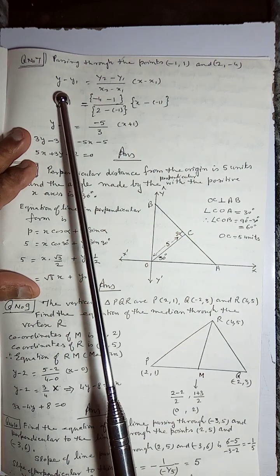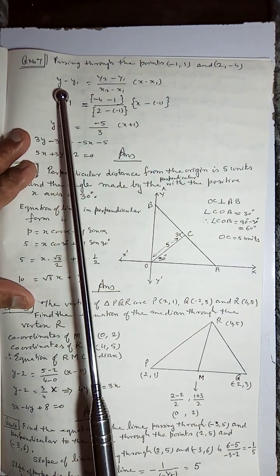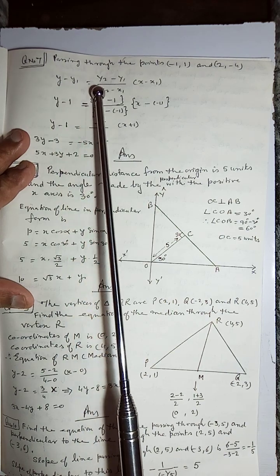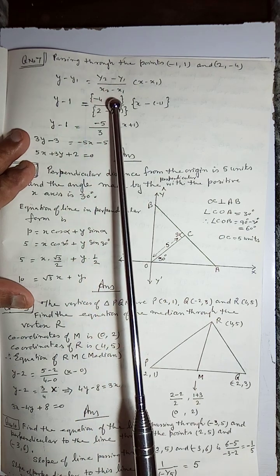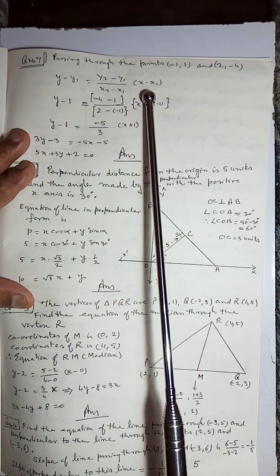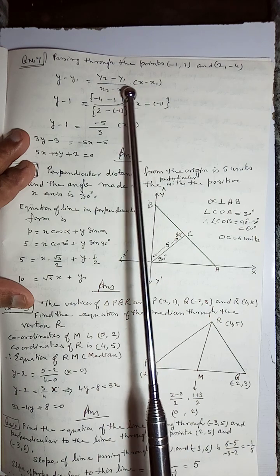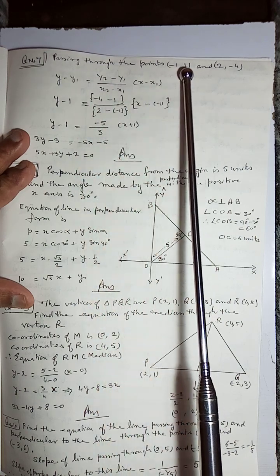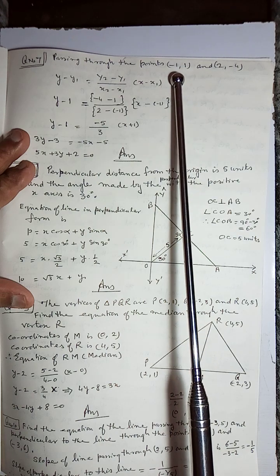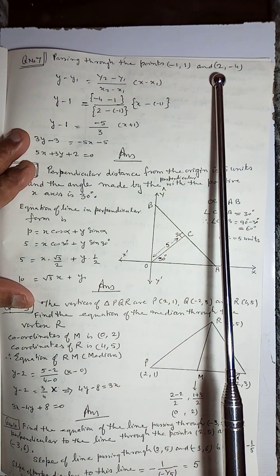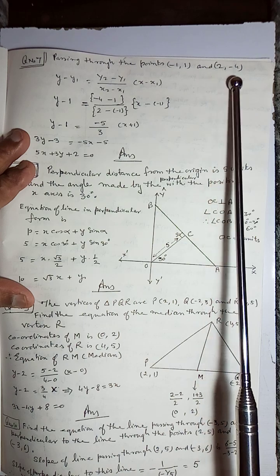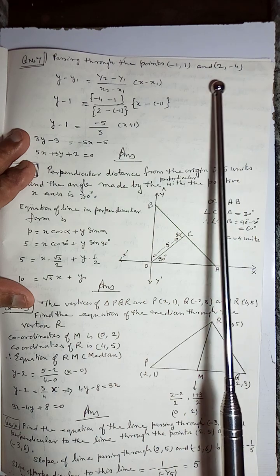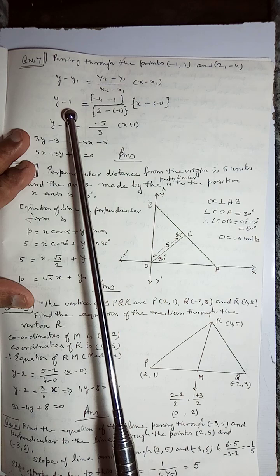The general equation is y minus y1 equals (y2 minus y1) upon (x2 minus x1) into (x minus x1). Here y1 is 1, x1 is -1, x2 is 2, y2 is -4. So just substitute these values.